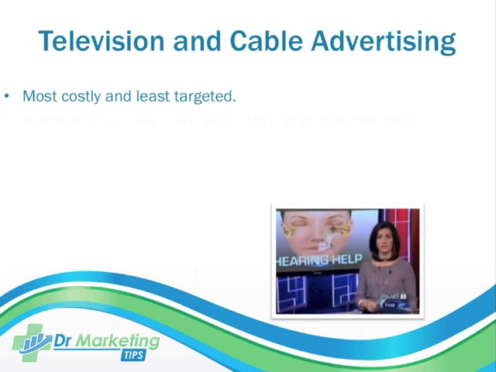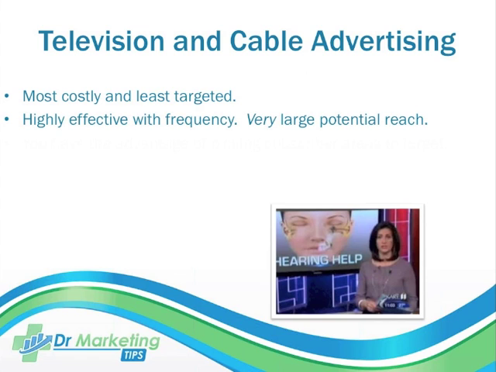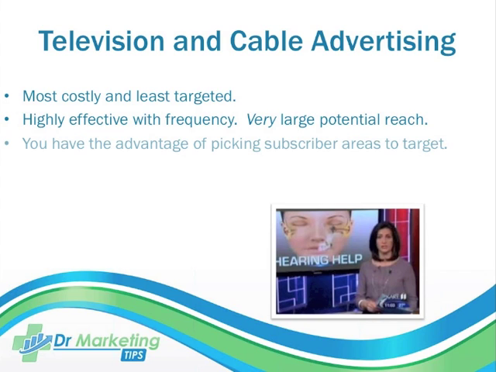All right, so let's talk about television and cable advertising. First of all, television is the most costly and it's traditionally the least targeted. It also has an enormous reach, though. It's highly effective with frequency, and the potential reach in television is extremely large. Now, when it comes to cable, you actually have the advantage of picking subscriber areas to target. So when you're talking to your local cable provider, they'll either have the capacity to narrow down a target area by neighborhood.